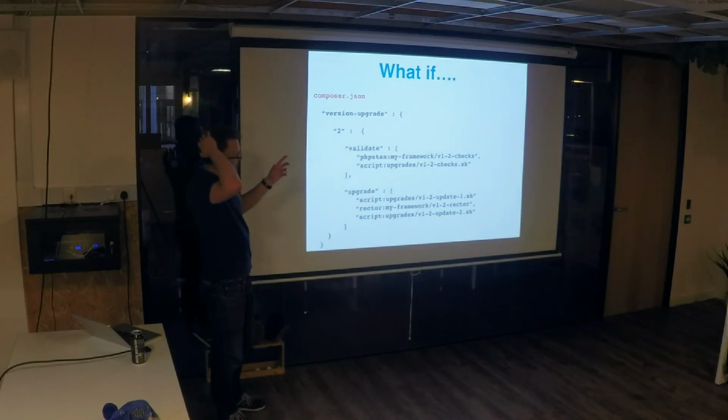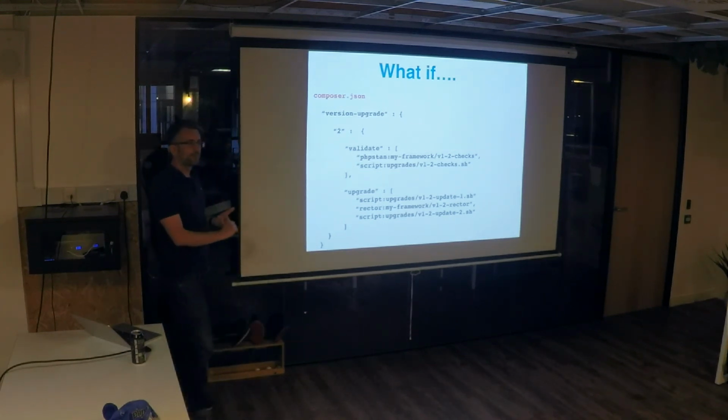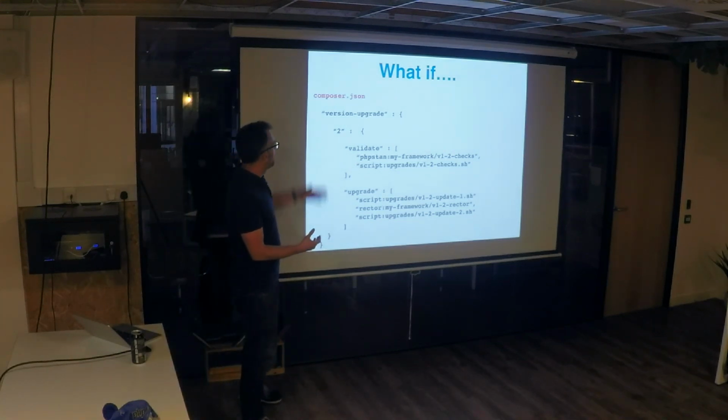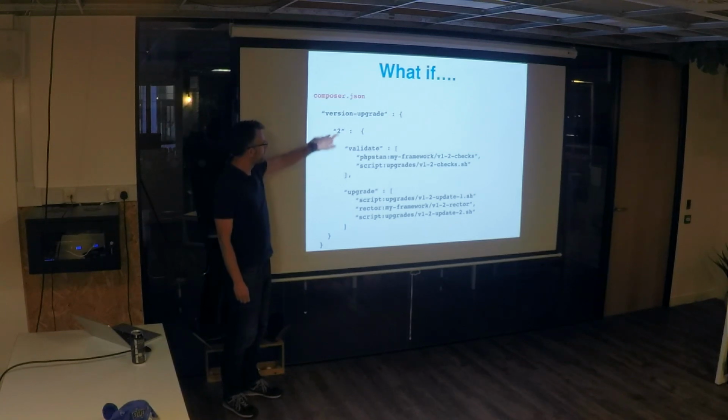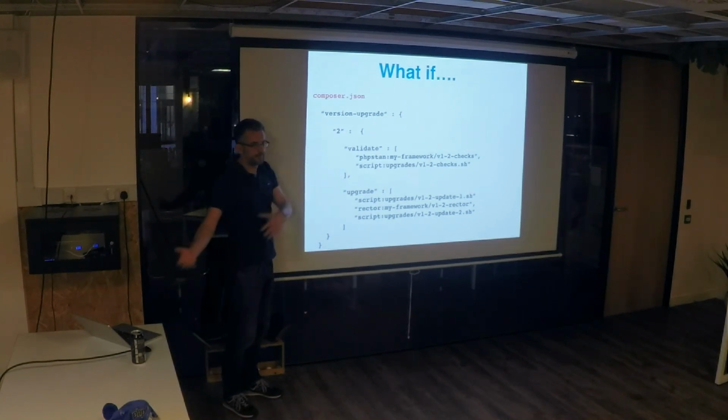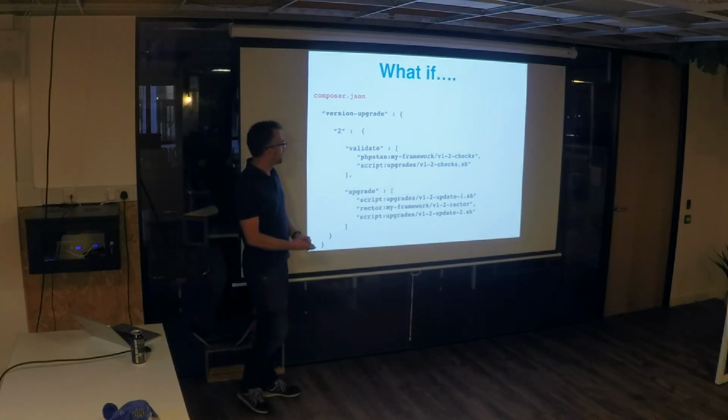But imagine if we could codify a lot of the checks that we need to do, and we could codify the automation as well. And maybe then we could put this in a Composer JSON file. So maybe we could have a version upgrade. So you're saying if you want to get to 2, assuming the previous one would have been 1, well, there's 2 phases.